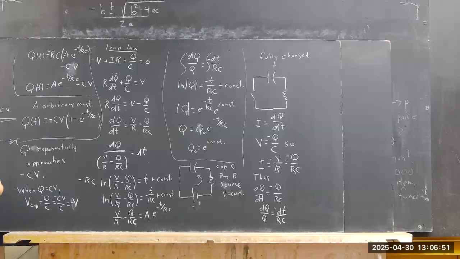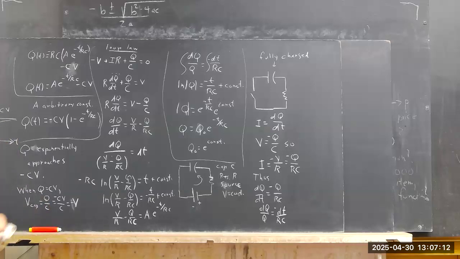CV. And this, the absolute value of Q, is the negative exponential, the horizontally reflected version of this graph. So this is what happens.